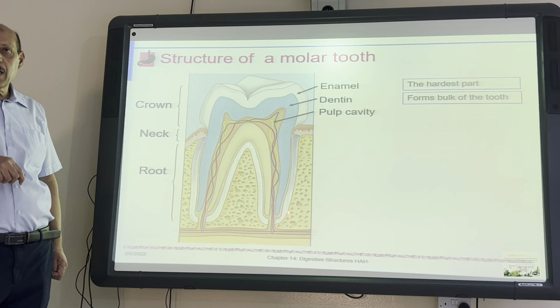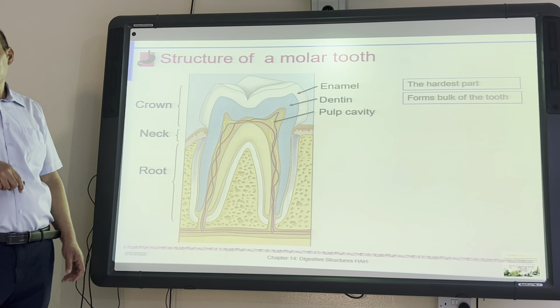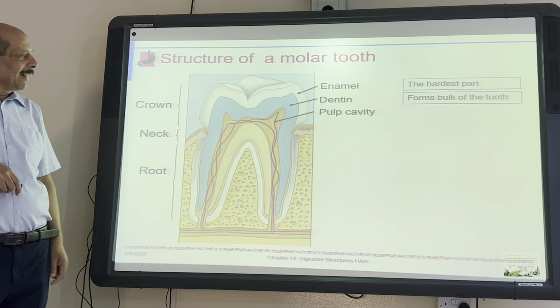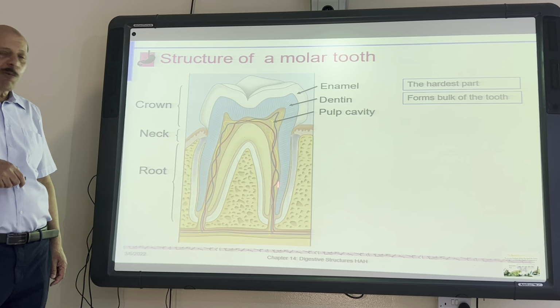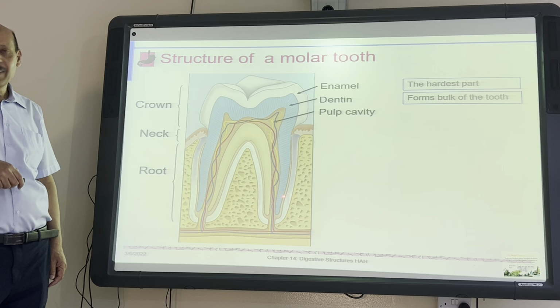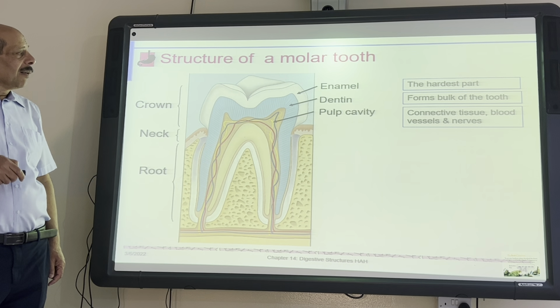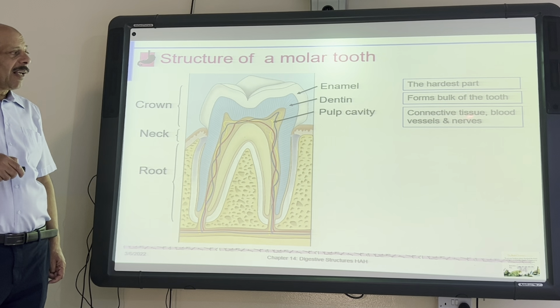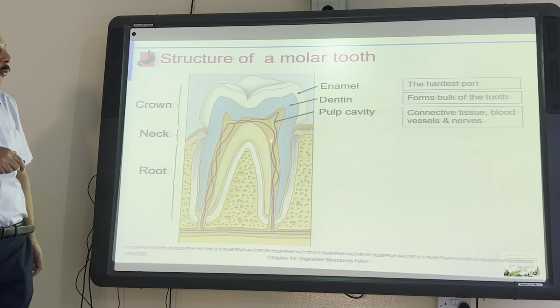When infection is there, you will go to the dentist sometimes to do a treatment of the root and remove the nerve. Connective tissues, blood vessels and nerve are there in the pulp, which is passing through the root.